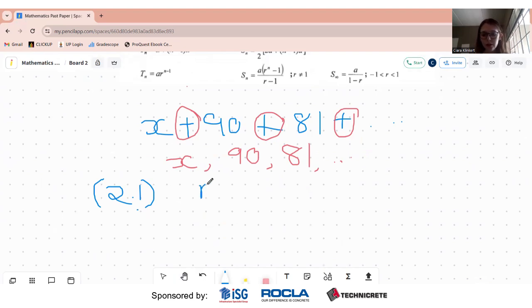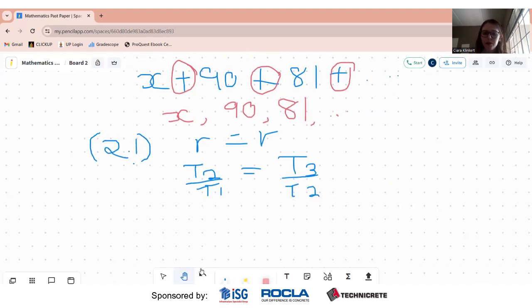We know that the constant ratio must be equal, so I can calculate the ratio T2 over T1, and that must be equal to the ratio of T3 over T2. Now I've got myself an equation. So T2 is 90, T1 is x, T3 is 81, and T2 is 90.